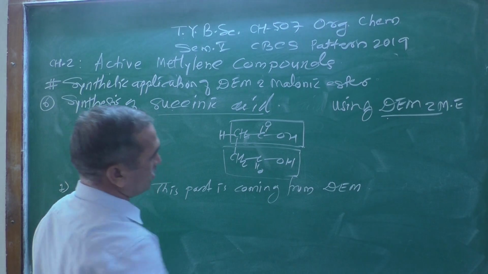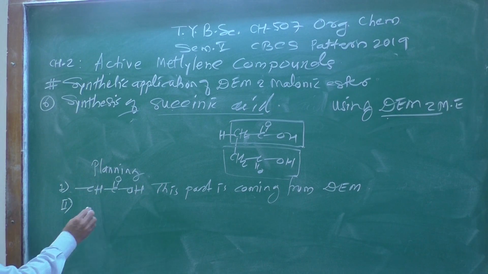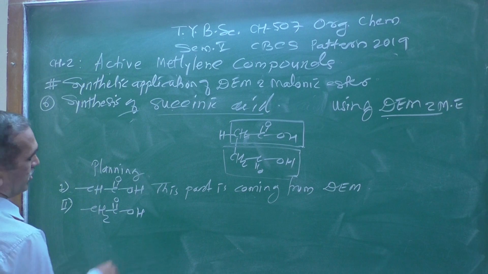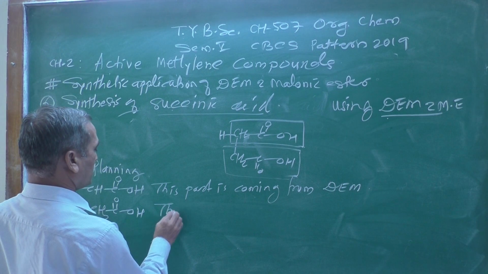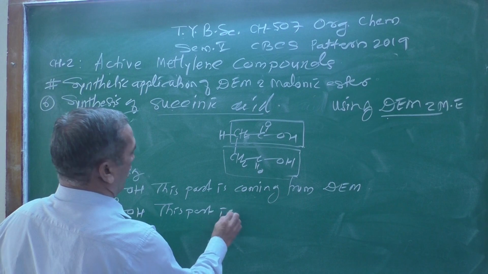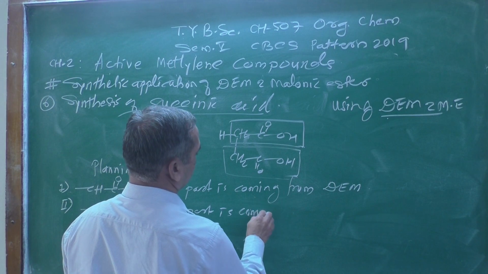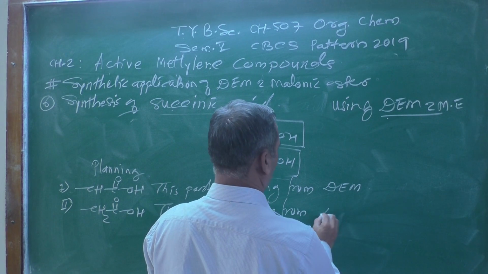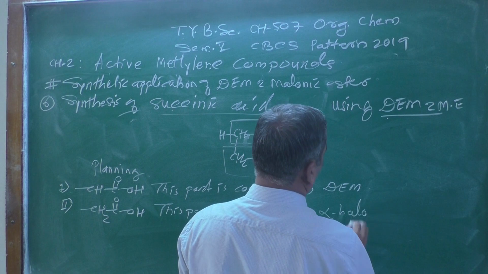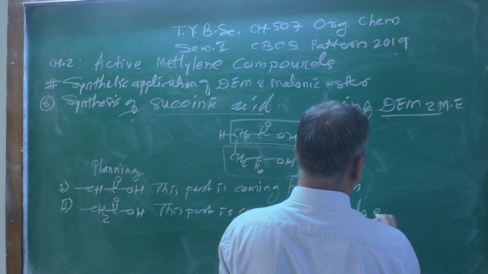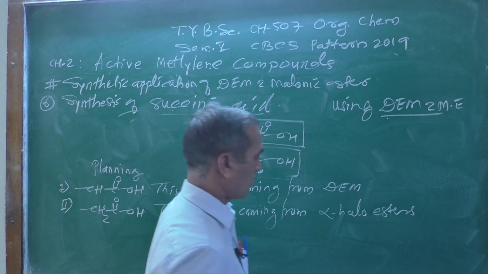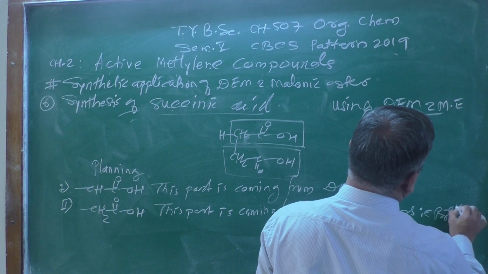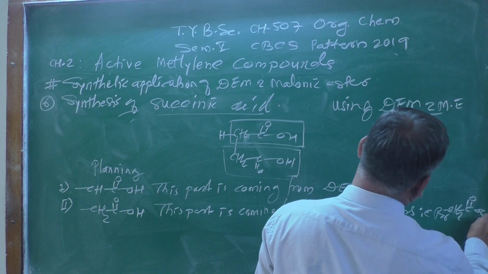Second point, look at here. This is the part which I am highlighting here. I am writing here this one, CH2, C double bond O, OH, and this part is coming from alpha halo esters, that is alpha halo ester, BrCH2 C double bond O OEt.